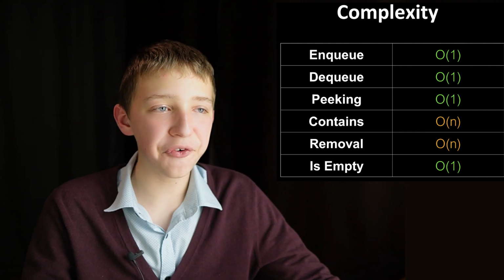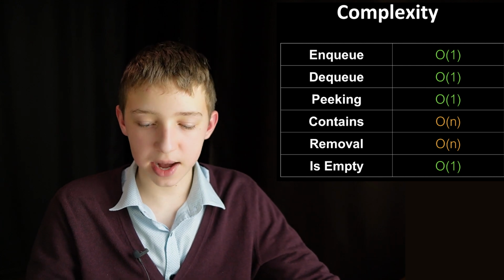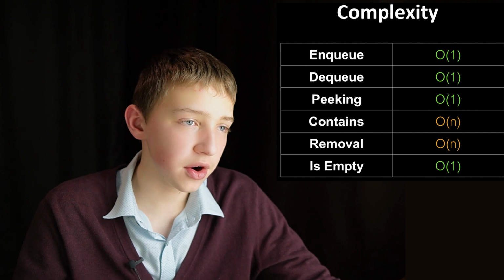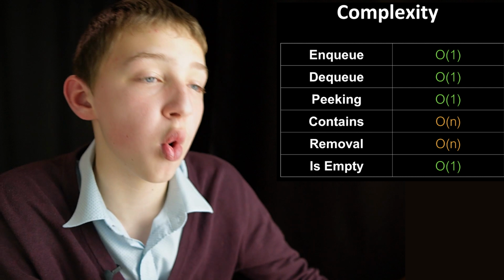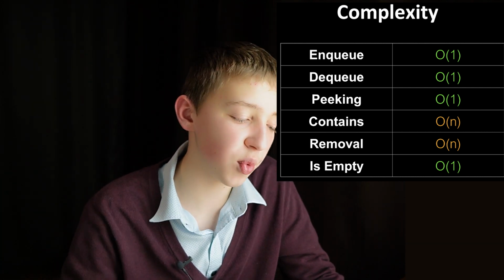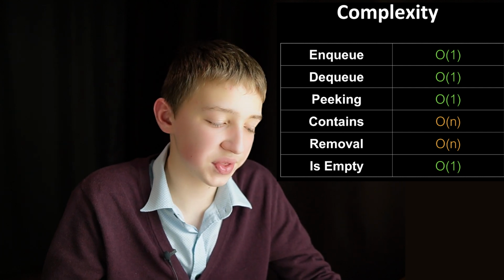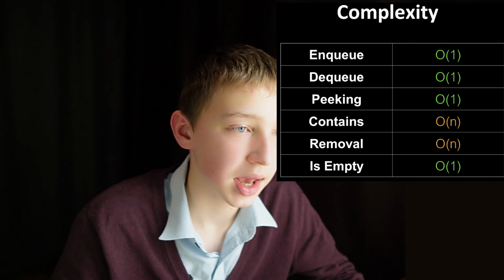And checking if a queue is empty takes constant time, O of 1. That is pretty easy. If we can peek at an element, that means that our queue is not empty.